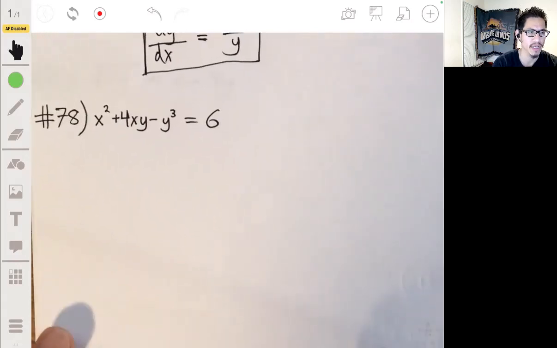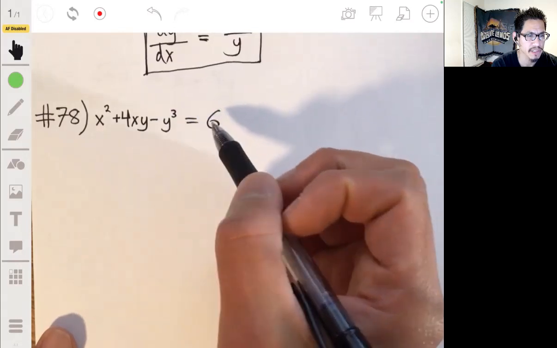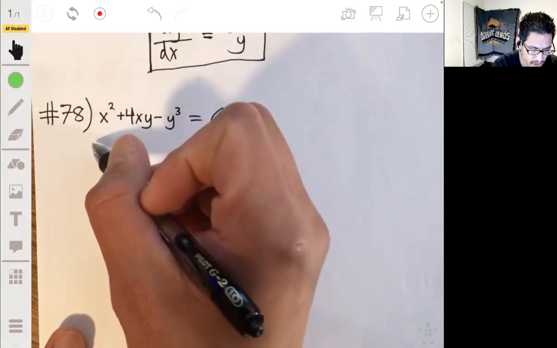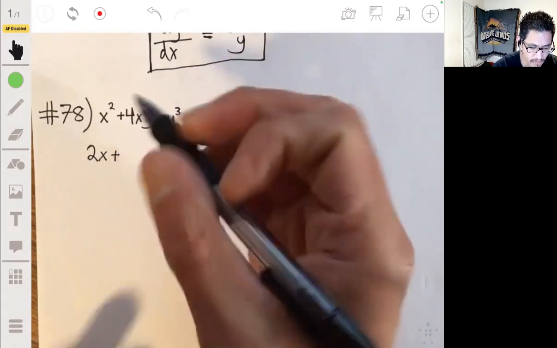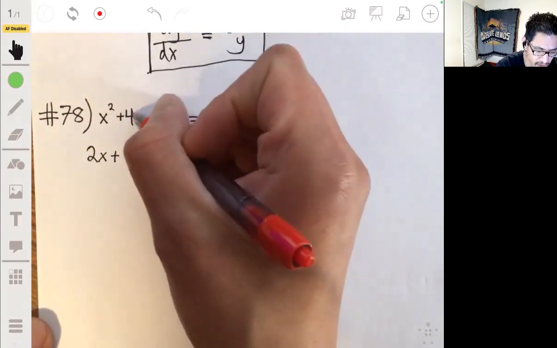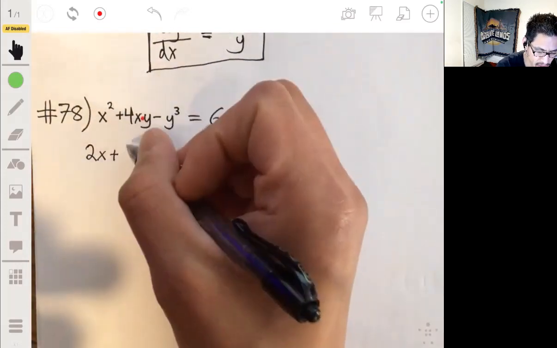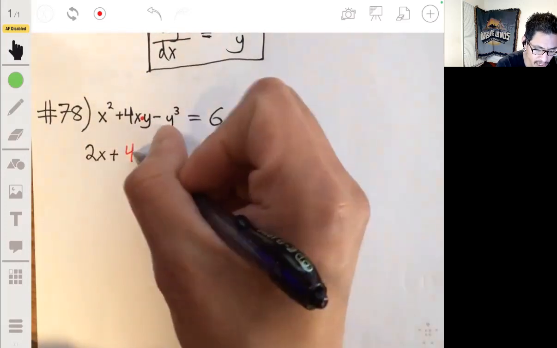Our next one we have x squared plus 4xy minus y cubed is equal to 6. Start off by taking the derivative of x squared, which will just be 2x, plus here we're going to use the product rule, because we have 4x times y. So we take the derivative of 4x, which will just be 4 multiplied by y.